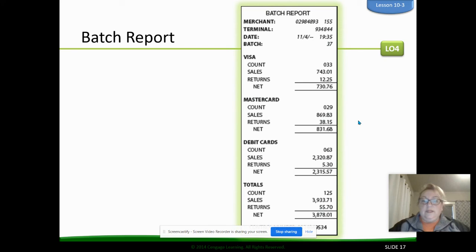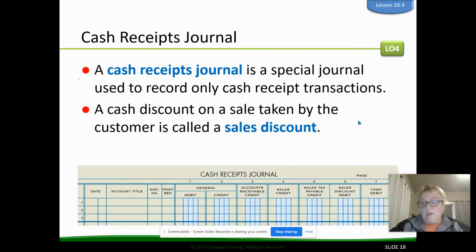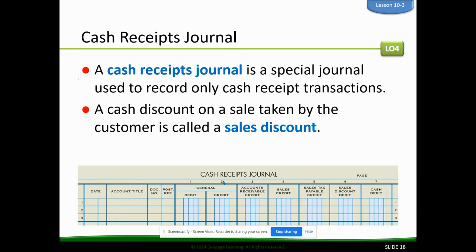So this is just our batch report for our credit cards and the debit cards. This does not involve cash, but we also had this on the terminal summary too. Let me move myself off here so we can see the whole thing. This is what the cash receipts journal looks like.